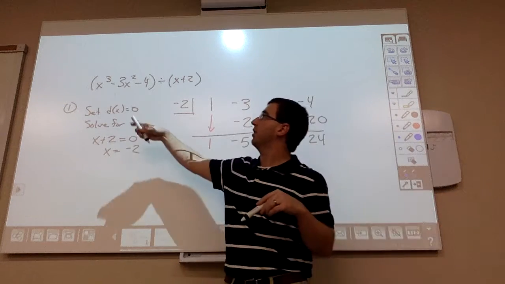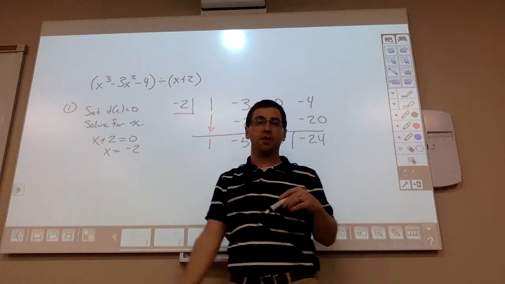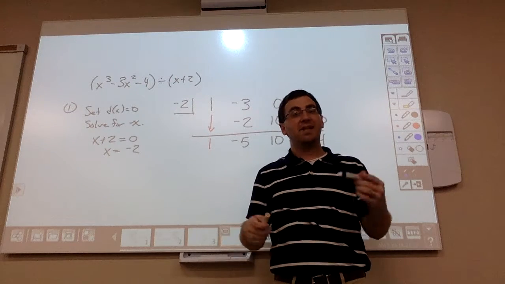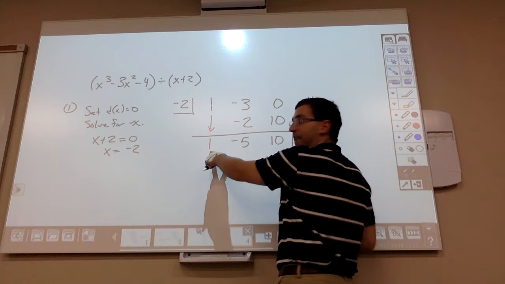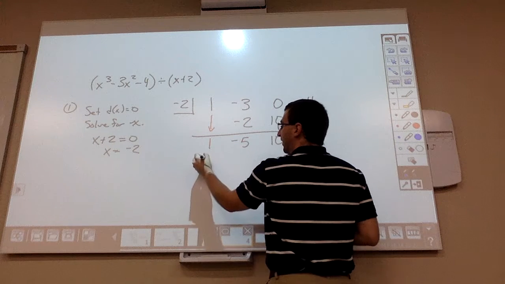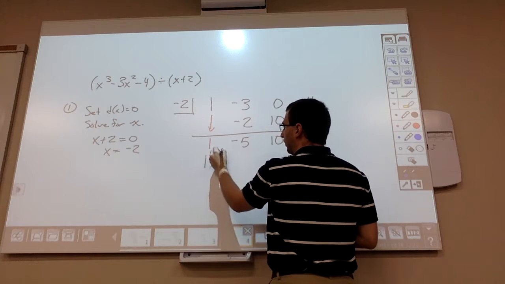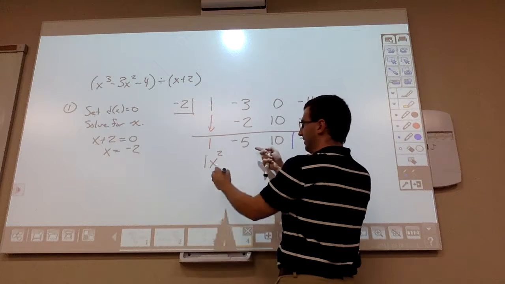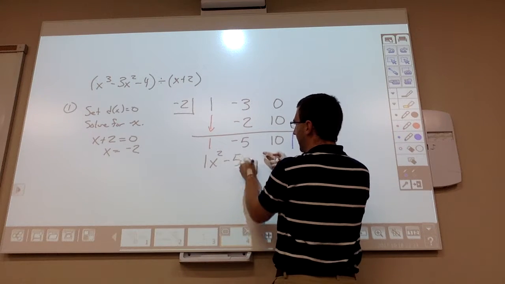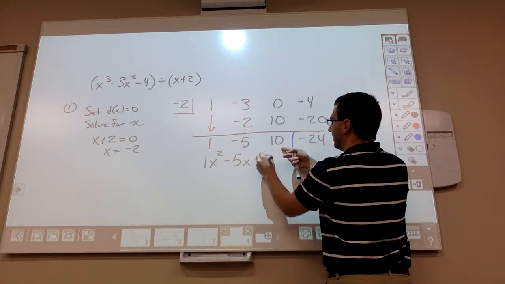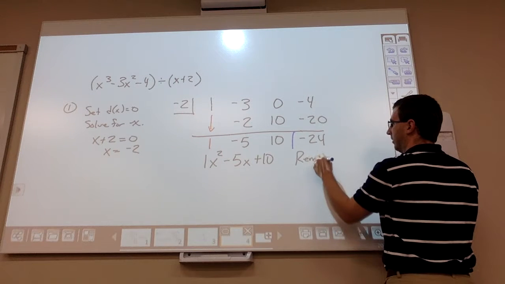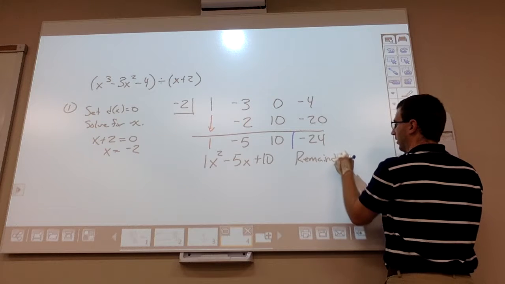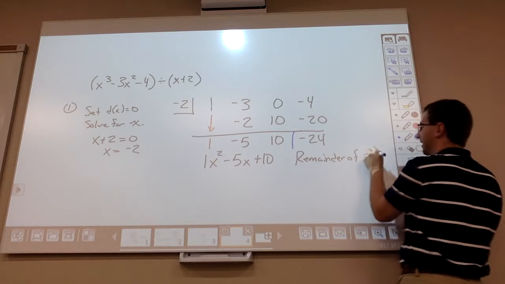See, here we started off with an x cubed term. Our quotient is now going to have an x squared term. Well, this right here is the coefficient of that x squared term. So this would be a 1x squared, and then go on down the list. Minus 5x plus 10, with the remainder of negative 24.